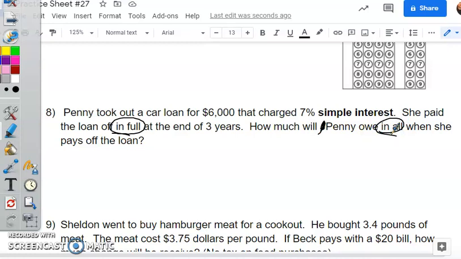Okay? So simple interest, guys, remember, I equals PRT, right? Simple interest.